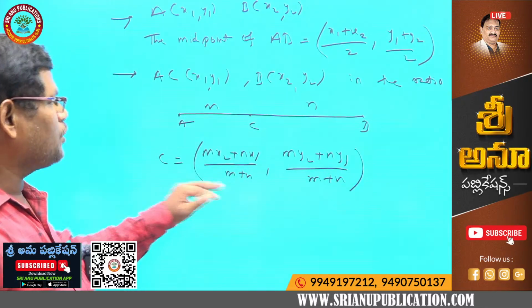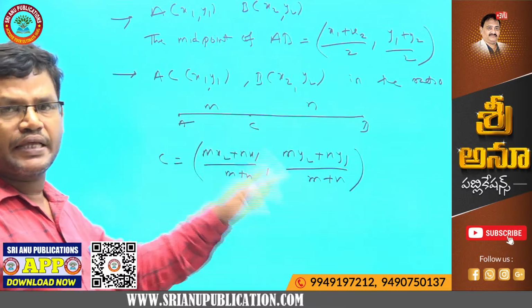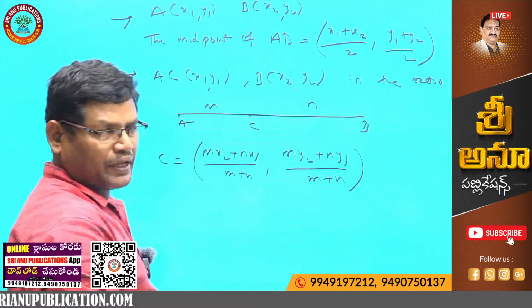If C is at an equal distance from A and B, then m and n are both equal to 1.